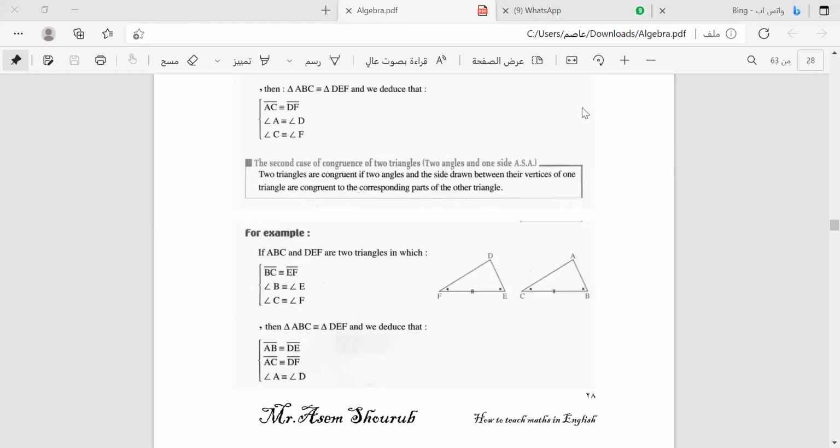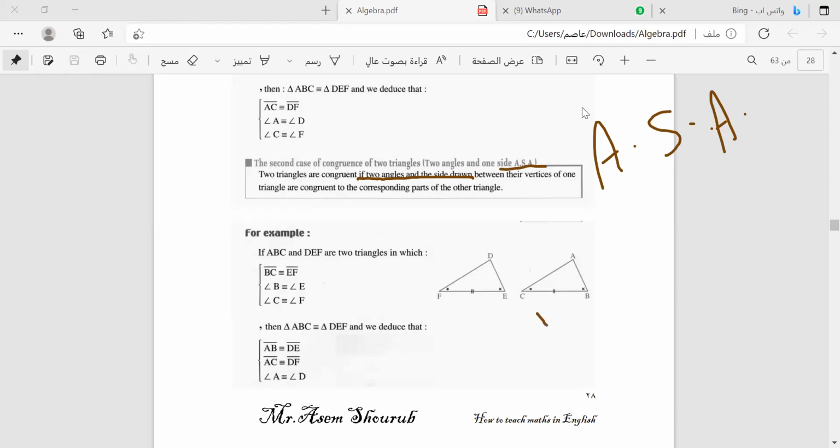ASA. طب مين يقول لي ASA؟ angle side angle. فبيقول لي two triangles are congruent if two angles and side drawn between their vertices of one triangle are congruent to the corresponding parts of the other triangle.